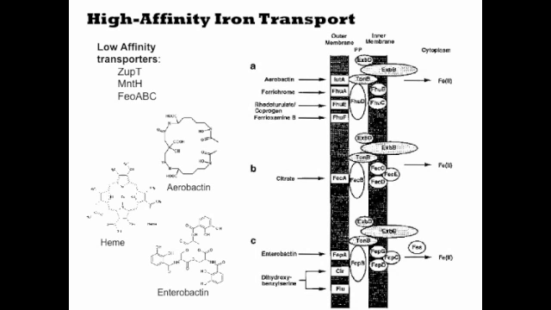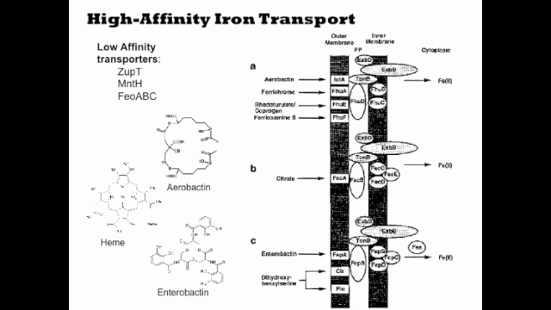So whenever the bacterium is in an environment that has these free ions, it just pumps them in. However, when it's being a commensal or a pathogen or whatever, it needs to do something else because there is no free iron in that environment. It's all tied up.